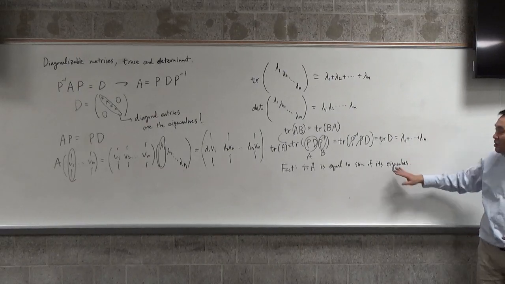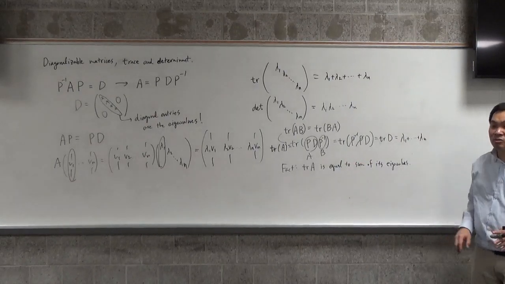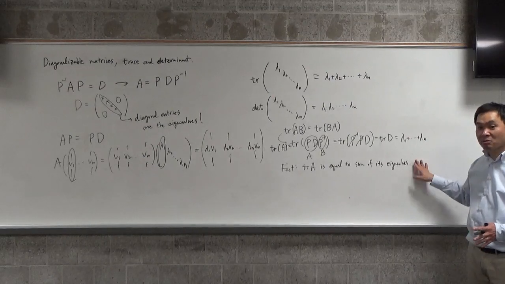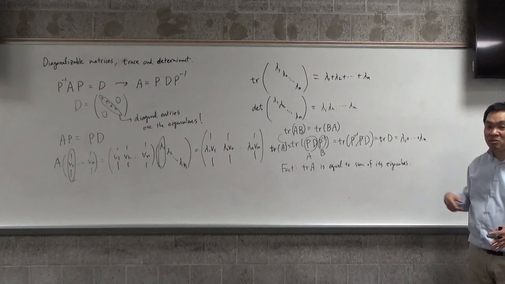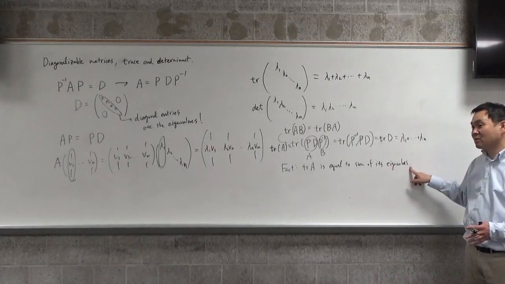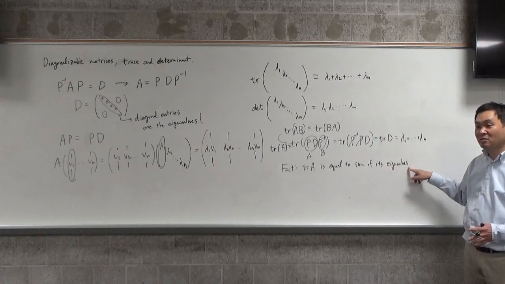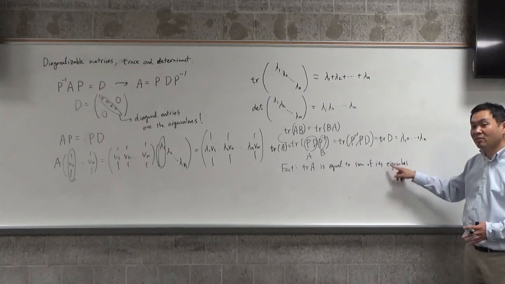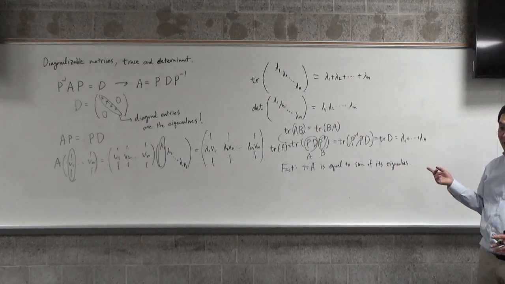Now, this is for diagonalizable matrices, but even if it's not diagonalizable, if you make the Jordan canonical form, you can see that the trace is indeed the sum of all the eigenvalues with multiplicities counted. Okay?